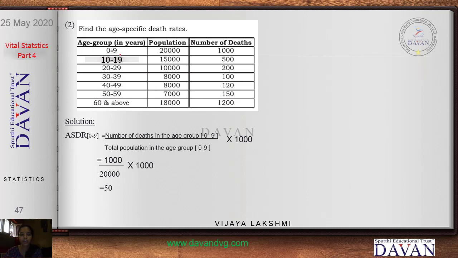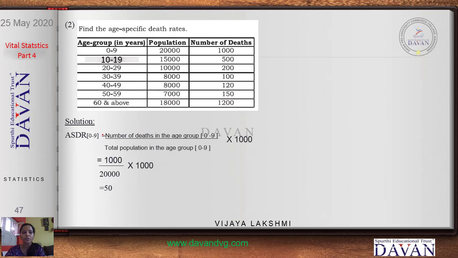Do not get into any sort of confusion. Read everything separately. Do not compare one concept with the other concept, right? For ASFR you had the childbearing age consideration, but for ASDR you don't have any childbearing age consideration. Is it clear? So for ASDR, irrespective of any age group, you have to calculate this.